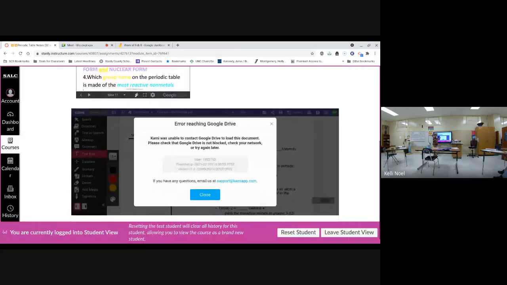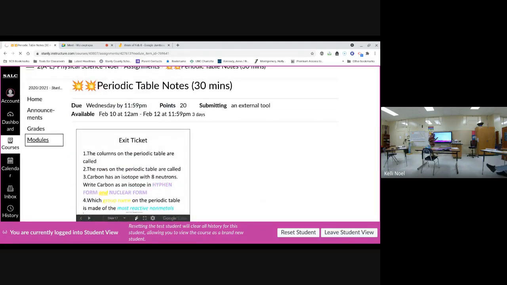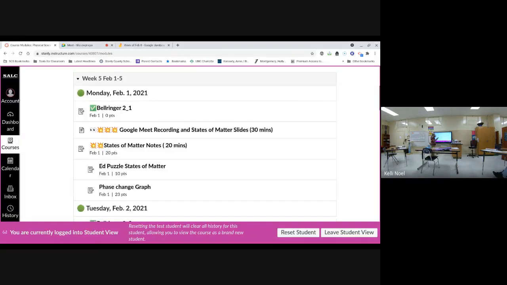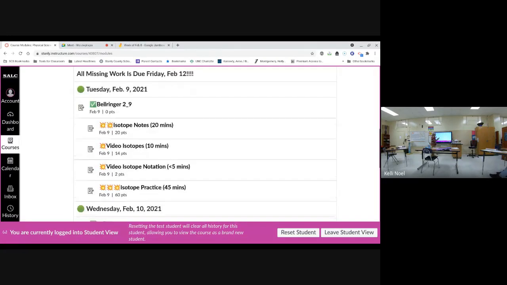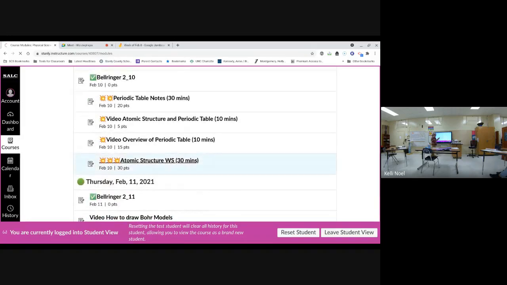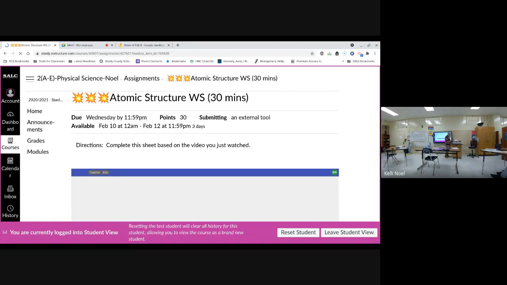And so what we are going to do is, if you've done the notes with us, then you'll submit that, or if it's on paper, we're going to go back in modules. And I have one practice sheet that says atomic structure. This is going to cover using the periodic table, filling in a chart kind of like we did yesterday, except it's not dealing with isotopes.